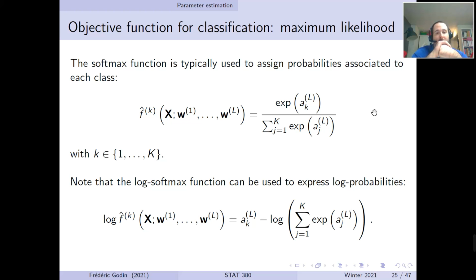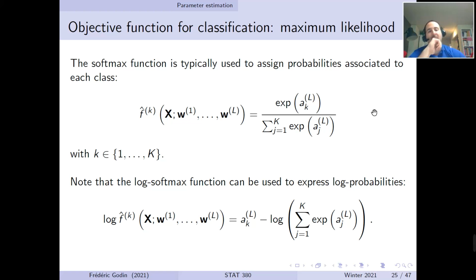Okay, and recall, we've discussed this earlier, but in practice it's typical to use the softmax function to link terminal layer activations to predictions in a classification setting.